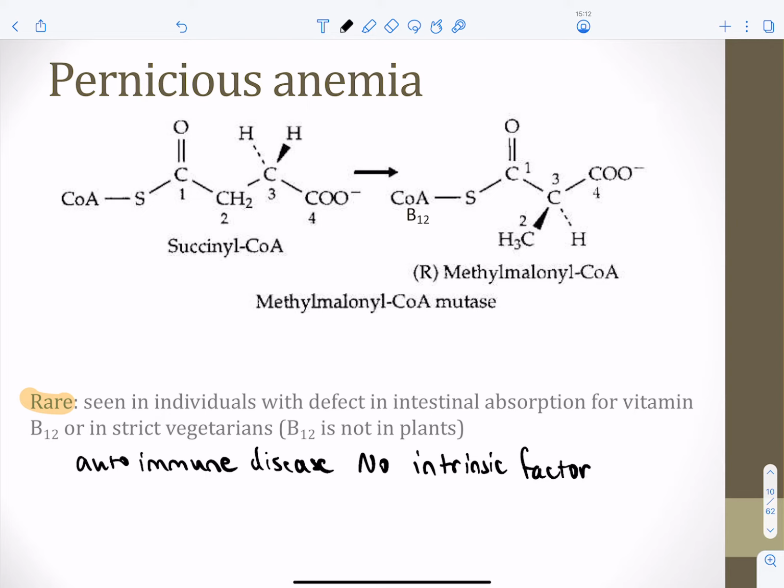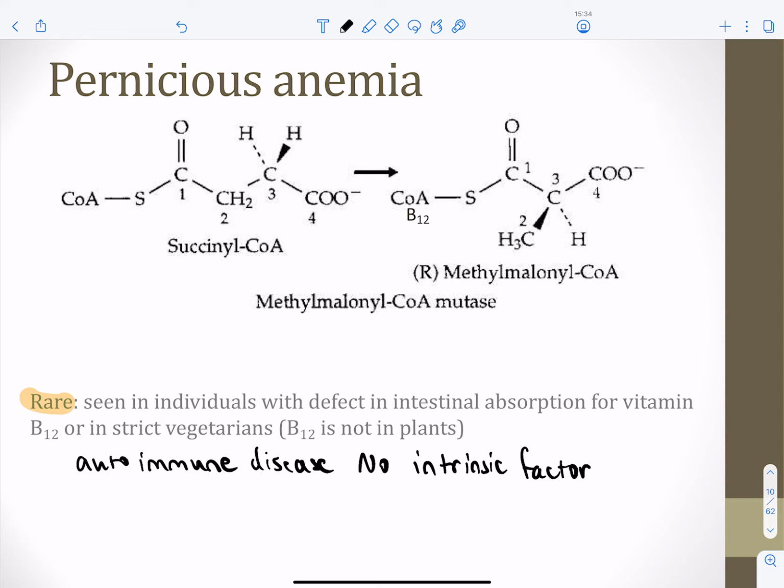And so we know that vitamin B12 has to be absorbed with intrinsic factor. And so if you don't have intrinsic factor, then you don't have vitamin B12 being absorbed. Vitamin B12 can be found mostly in eggs, milk, and poultry. So if you are a strict vegetarian, you can have nothing wrong with your intrinsic factor, but you're just not getting in your diet enough vitamin B12.